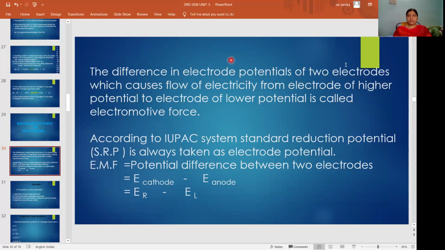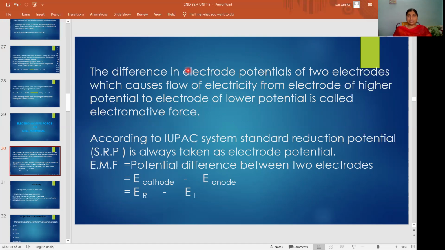Due to the difference in those electrode potentials, flow of electricity, that means flow of electrons, is taking place. From where to where? From the electrode of higher potential to the electrode of lower potential. That is called electromotive force.